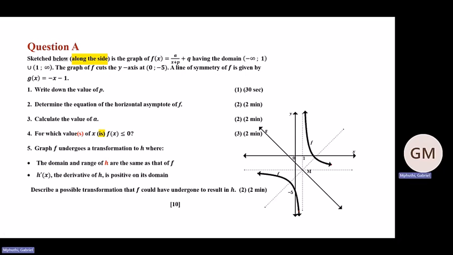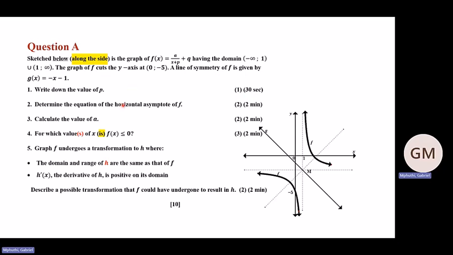I will give you a few minutes to look into it. If you look at the side, I have this question here.